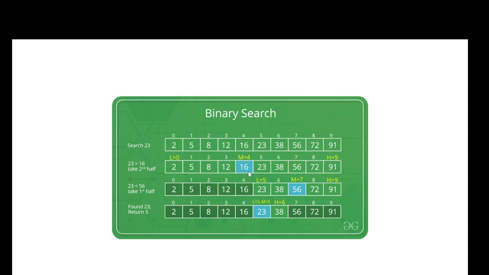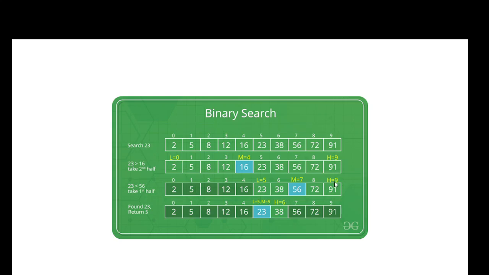So here, let's say I want to search for 23. I look for the middle element, m is equal to 4. My number lies on the right half of the list. So I change the low pointer to point to this, because now this is my area of search. I check the middle element 56, not 23, and my element is going to lie on the left half of the list.